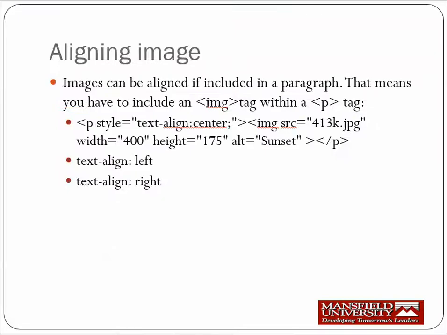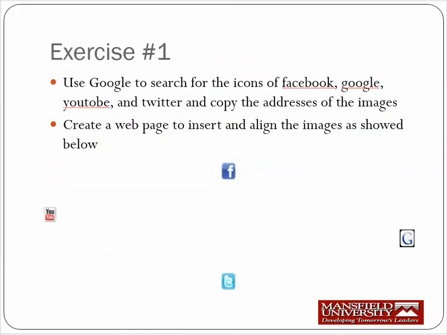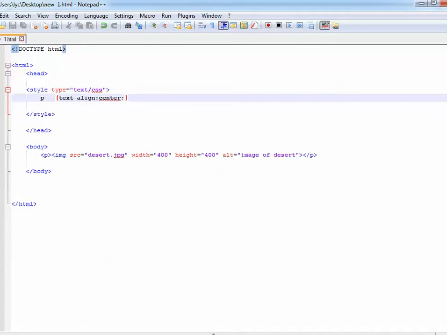In some cases, like here, we have 4 images. We want to put the positions differently, like this one on the left, this one on the right, and these two in the center. How can we do that? In this example, because we control the paragraph, if we put more images here, we need different paragraphs.